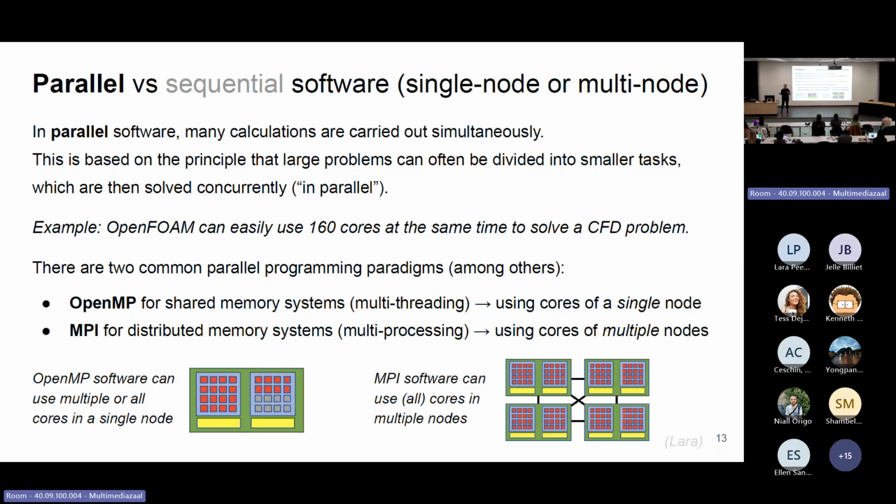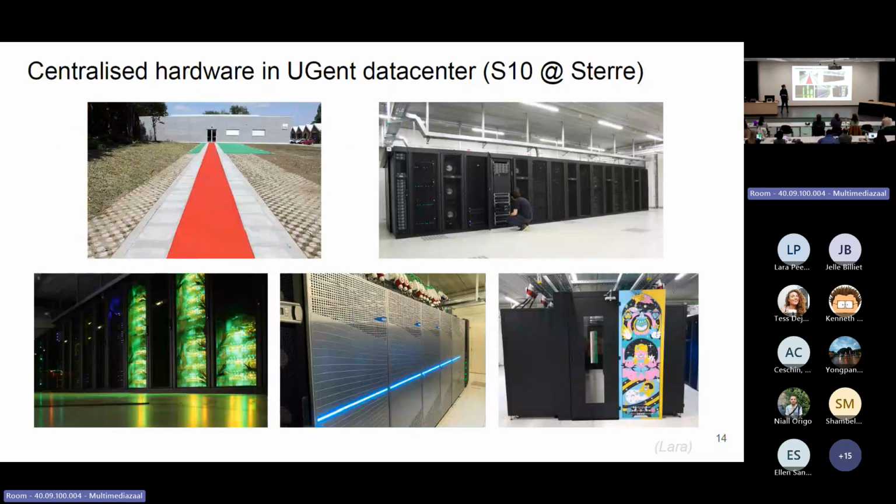If you want to use a bunch of worker nodes within one cluster, you're going to have MPI software. These programs are built and compiled so that they use all the resources available in your job to scale up the performance of the software and get as fast as possible, if it's done right.